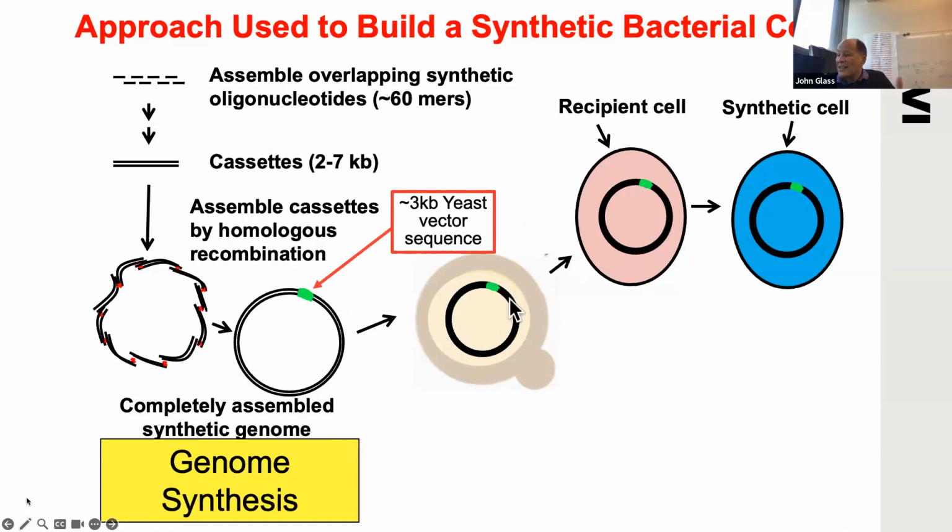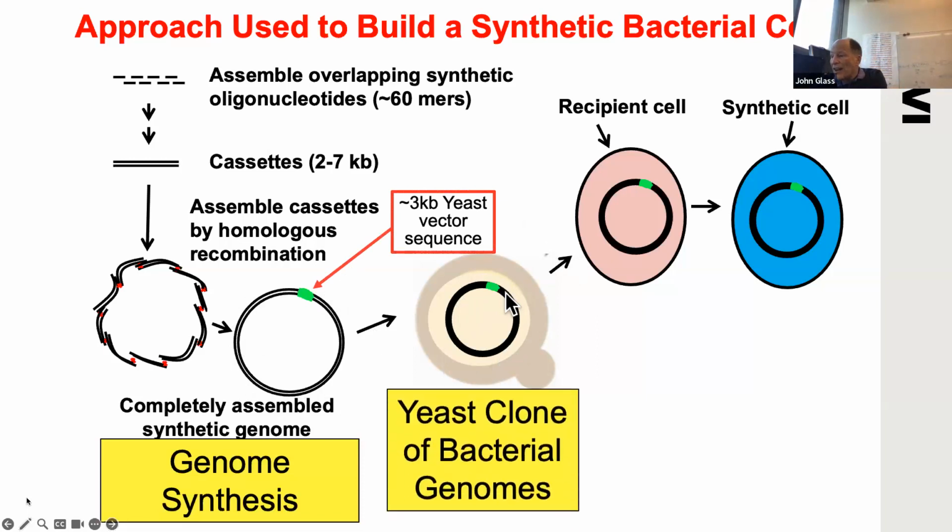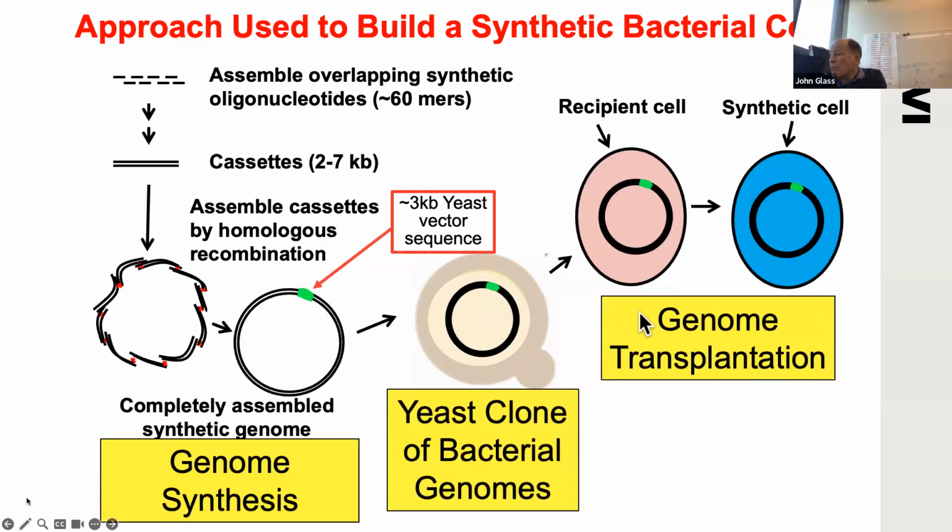Actually, we did the final assembly in a yeast cell, because we need to make a huge amount of this genome in order to do the last step, which is called genome transplantation, where we isolate this genome and install it in a suitable recipient cell to produce a new cell that has a synthetic genome.